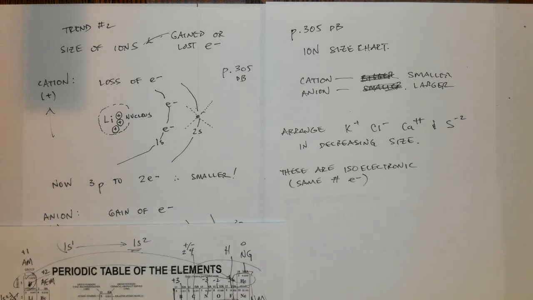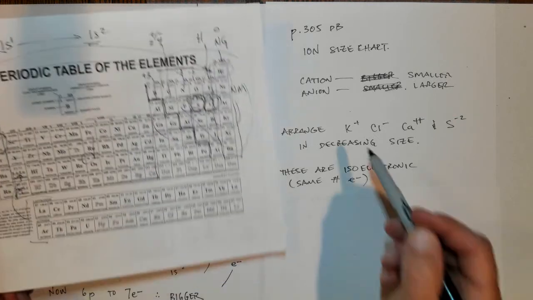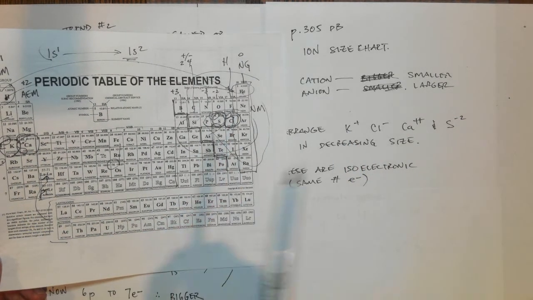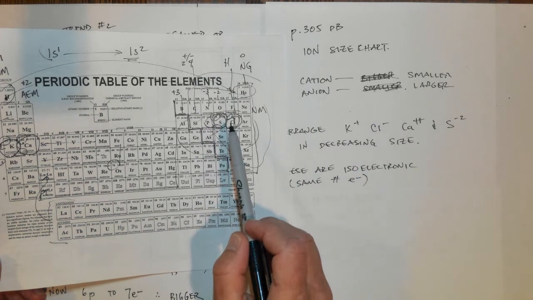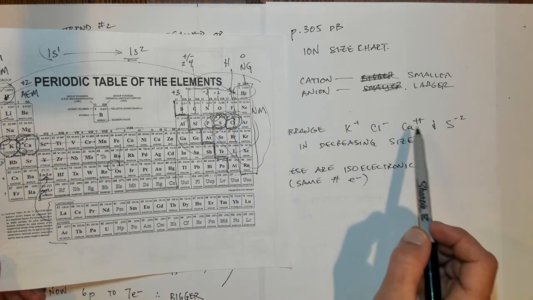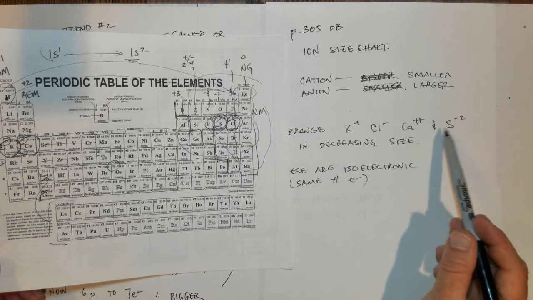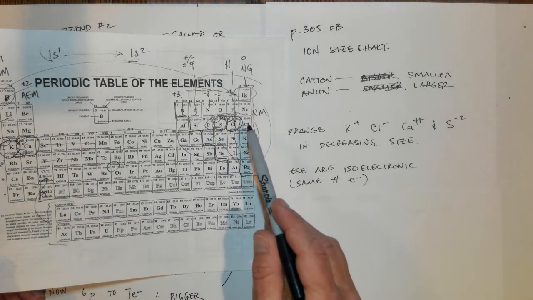So these species, since now potassium lost 1 electron, now looks like argon. Chlorine gained 1 electron, now looks like argon. Calcium lost 2 electrons, now looks like argon. And sulfur gained 2 electrons, now looks like argon.